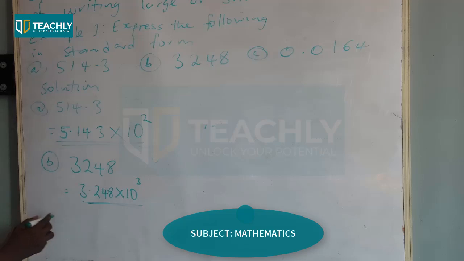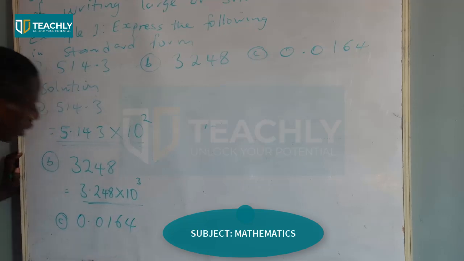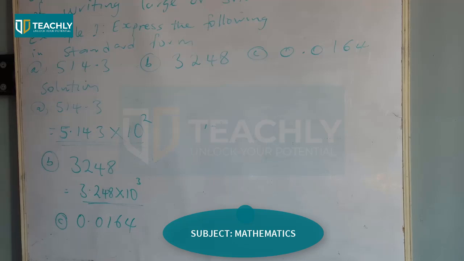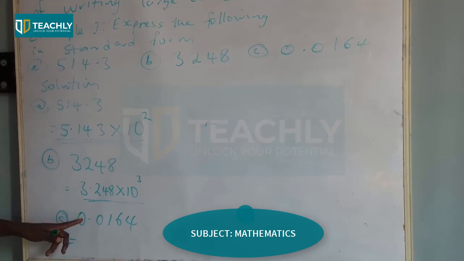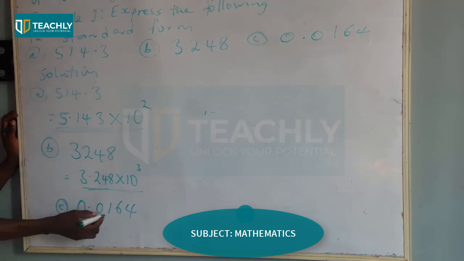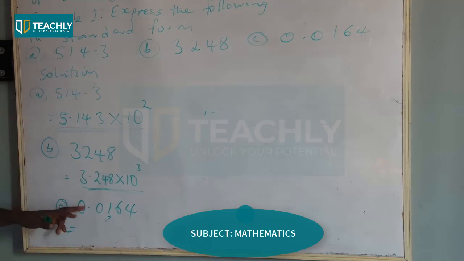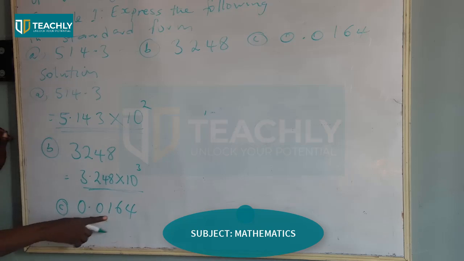And likewise, the last one, you have 0.0164, and you are asked to express it in standard form. The rule is that the decimal point should be at the back of the first number. Our first non-zero number here is 1. So let's shift the decimal point from here to the back of that number.